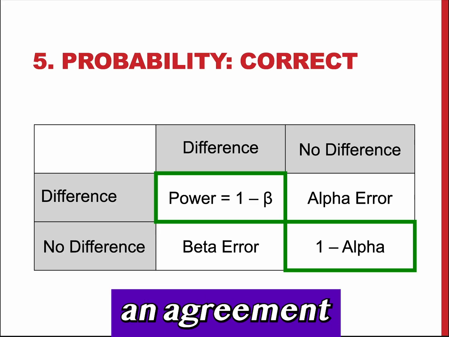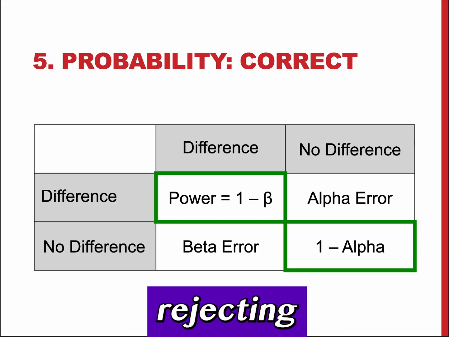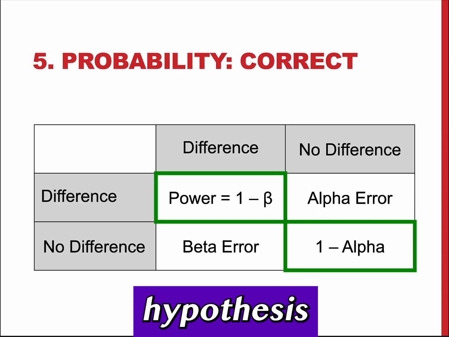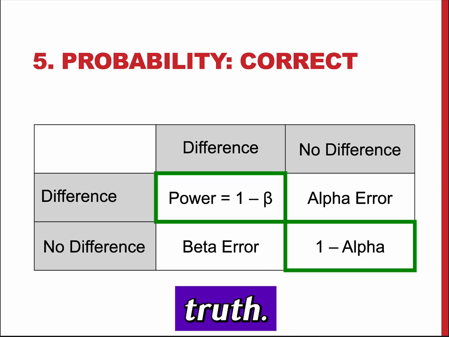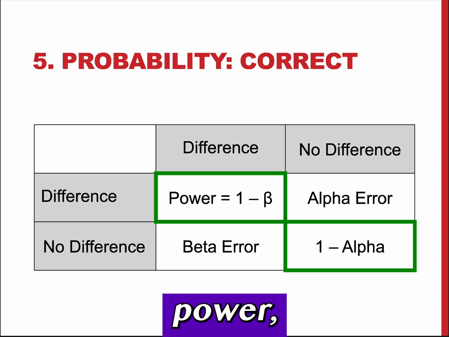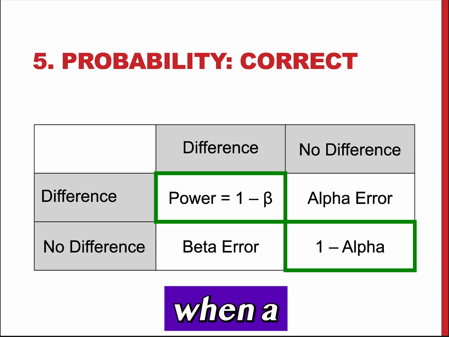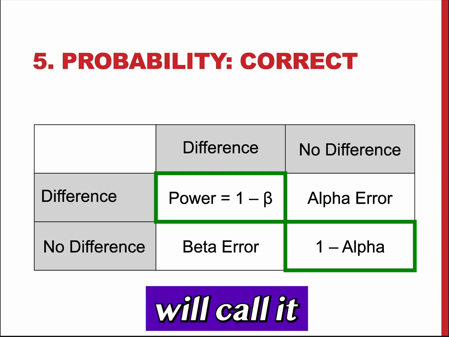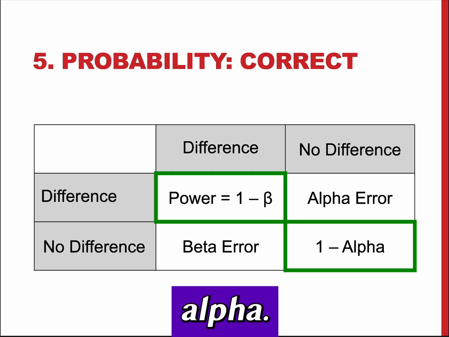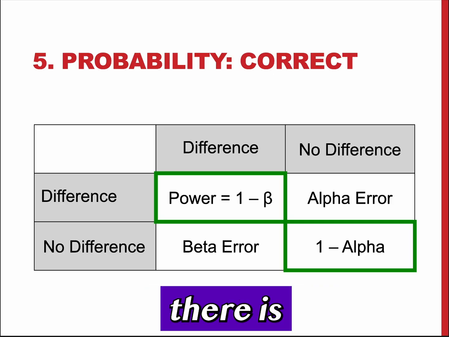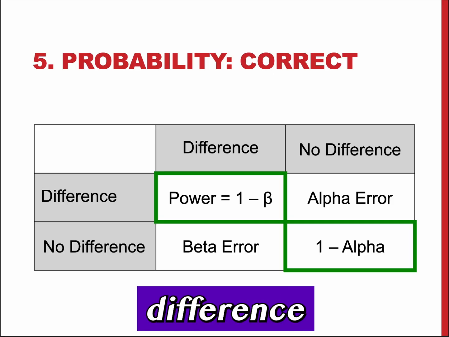This is when there is an agreement between the conclusion regarding rejecting or failing to reject the null hypothesis and the truth. The upper left-hand cell represents power, which is the probability of correctly concluding there is a difference when a true difference exists. Unfortunately, the lower right-hand cell doesn't have an interesting name, but I will call it 1 minus alpha. In this cell, we correctly conclude there is no difference when no true difference exists.